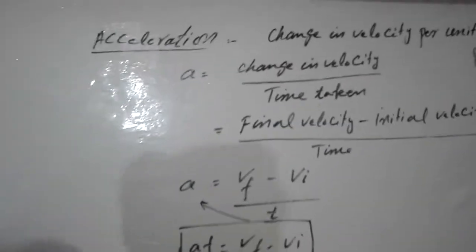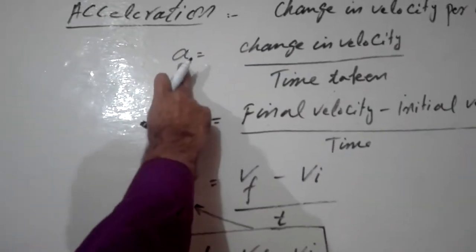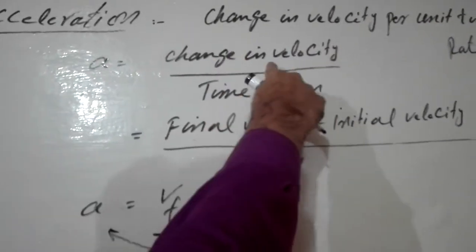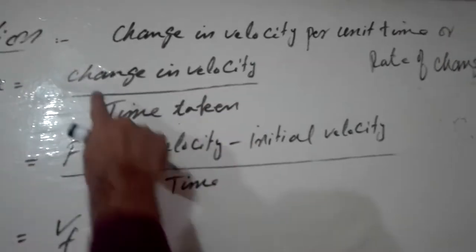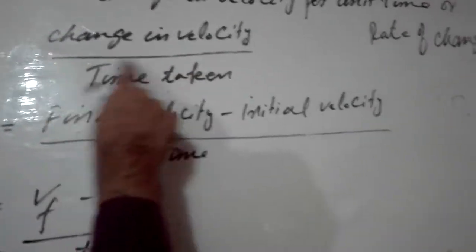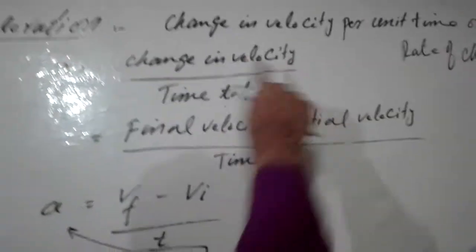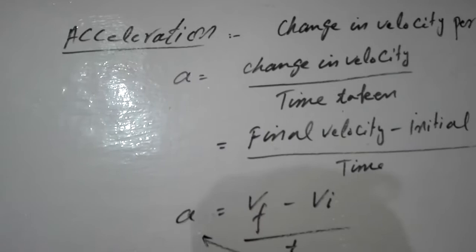Now, acceleration is denoted by small a, as I have written here. And mathematically, you can write it like this: change in velocity over time taken. It is the same definition, but in mathematical form. Now you know how we find the change in velocity.